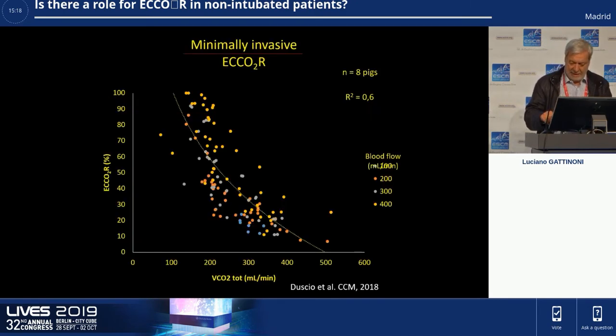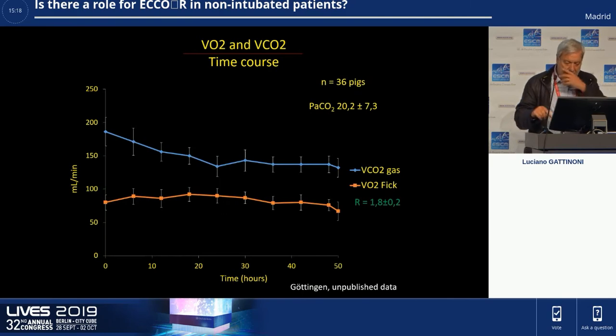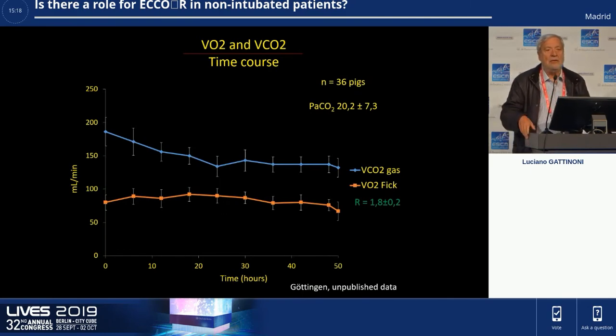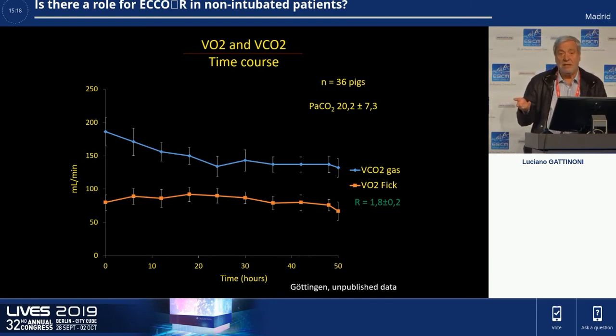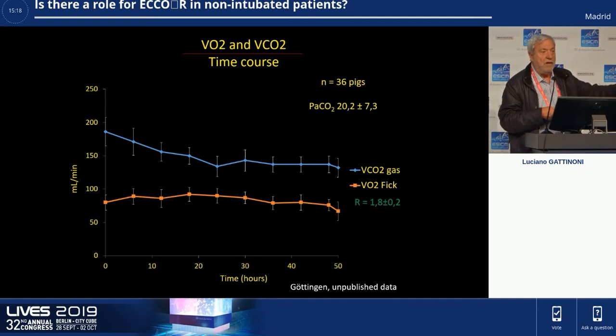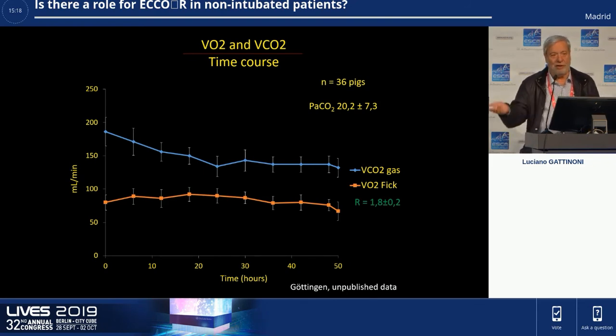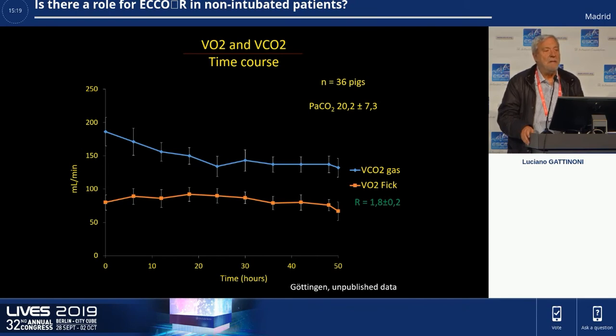When we did a series of experiments to induce damage in the lung, in pigs, we used a very high ventilation. And we were measuring VO2 with a FIC and VCO2 through the usual way, measuring the expired CO2 times the total ventilation, and so on.